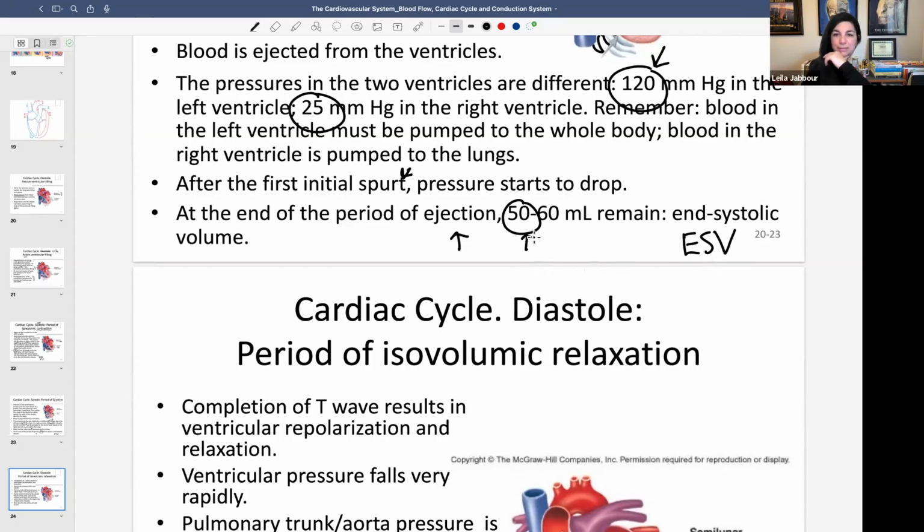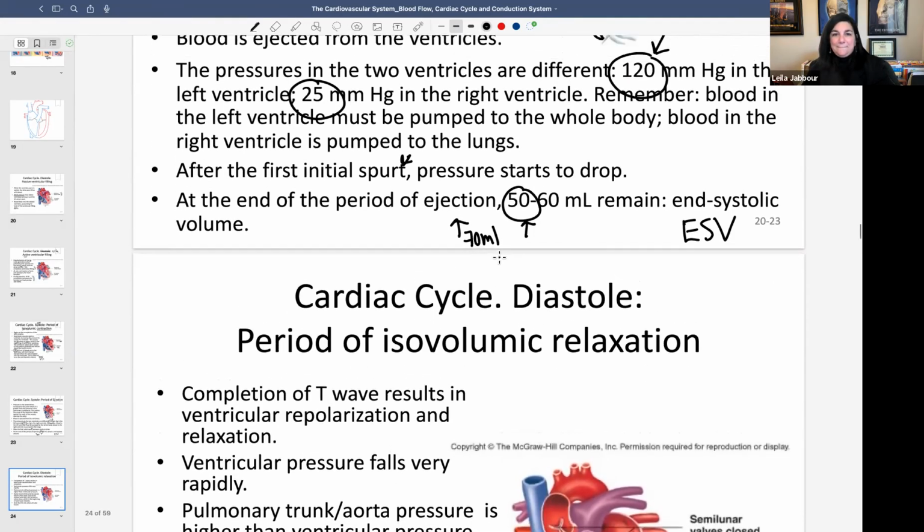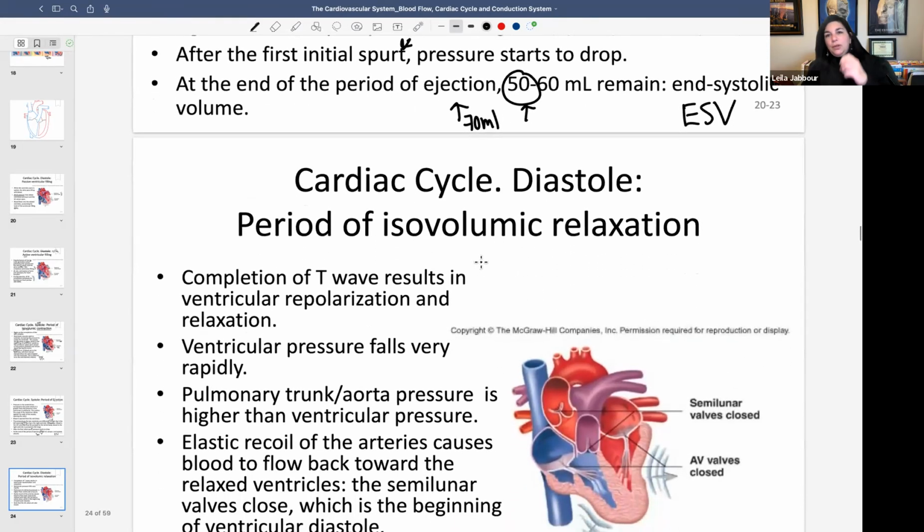Sorry, the 50 ml is what's remaining, and what's ejected, I believe, is around 70 ml. So you try to pump as much out. I think it's around 60%. We look for that ejection fraction, as it's called, where 60% of it is going to be ejected and 40% will be left behind, because that's all we can do.